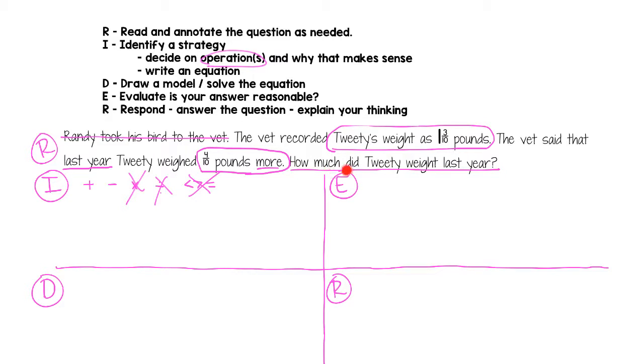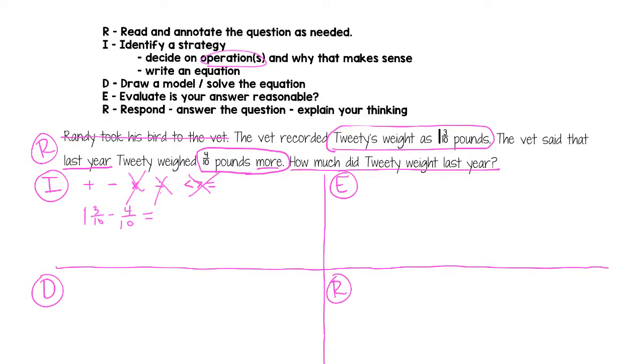Will that tell us how much Tweety weighed last year? Let's try that. Tweety's weight is 1 3/10 pounds. Okay, I know that I need 1 3/10 pounds. And then if we take away 4/10, will that tell us how much Tweety weighed last year?